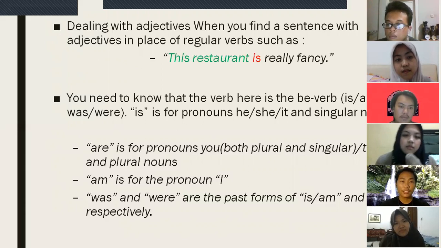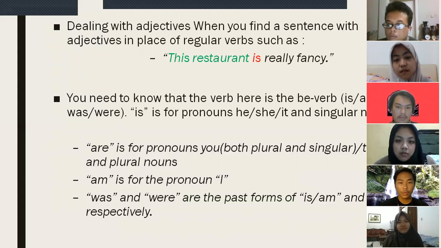Is is for pronouns he, she, it, and singular noun. Are is for pronouns you, both plural and singular, they, we, and plural noun. Am is for the pronoun I. Was and were are the past form of is or am, and are respectively.